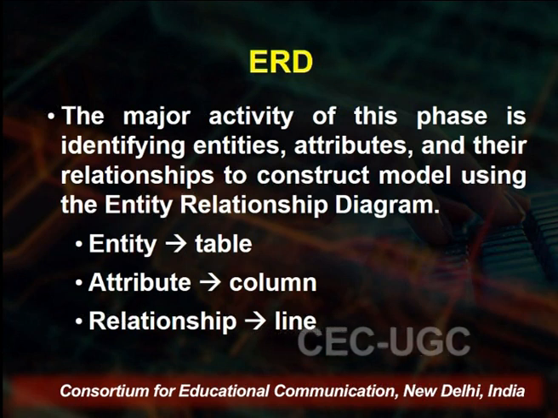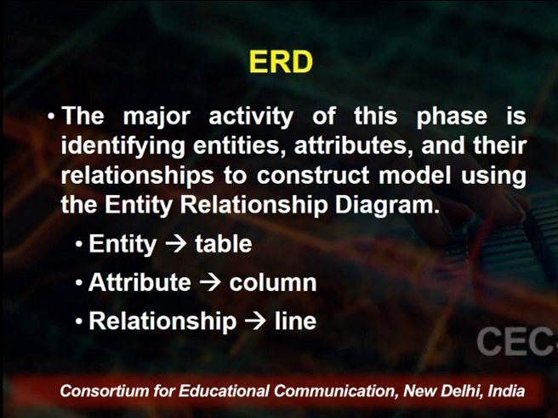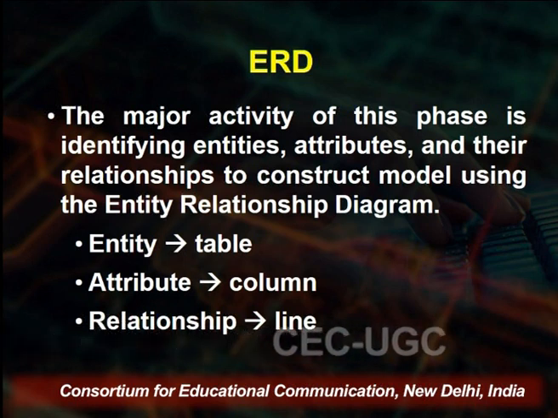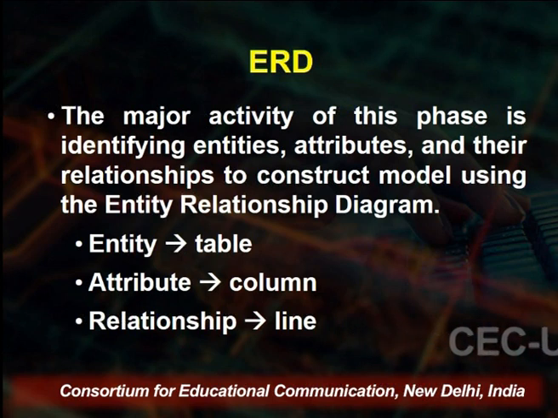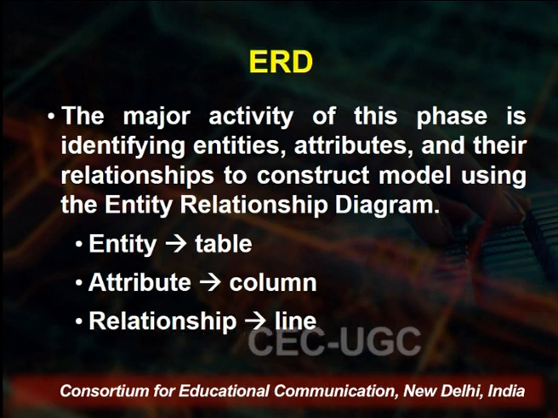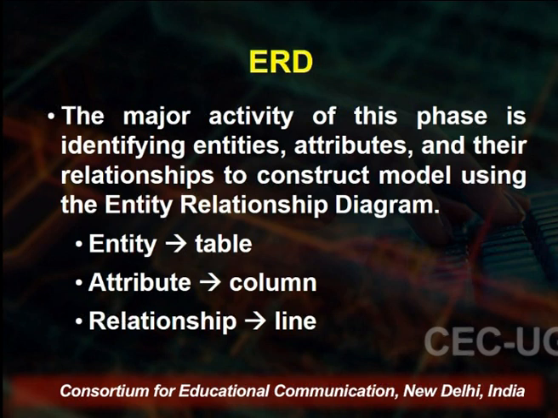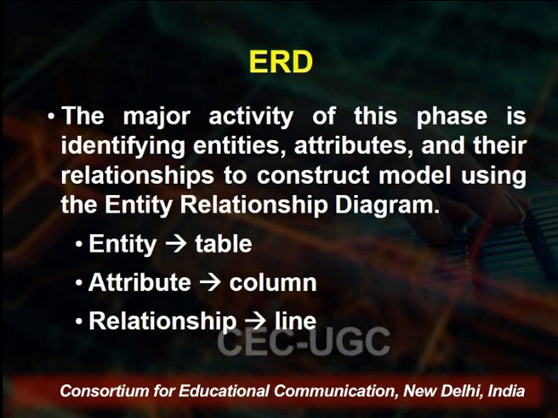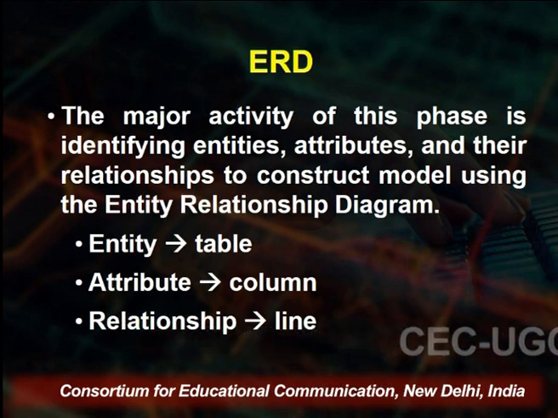In order to represent an entity, we use a table. All the attributes which belong to that particular entity will be columns or fields within that table, and whenever there is a line between two tables, or between three tables if it is a ternary relationship, that line represents the relationship.